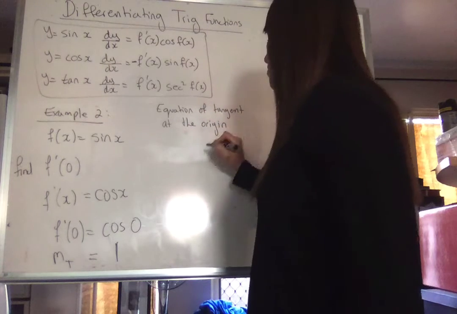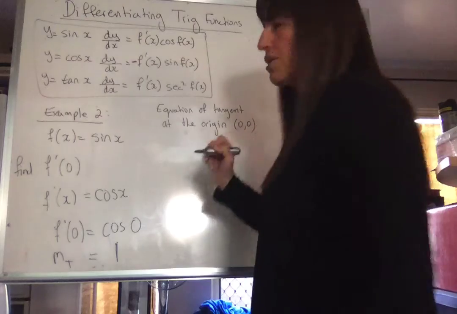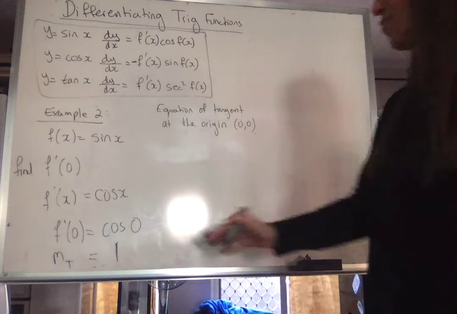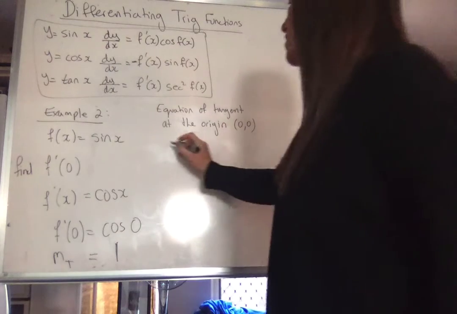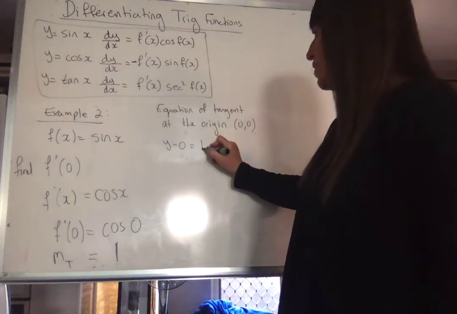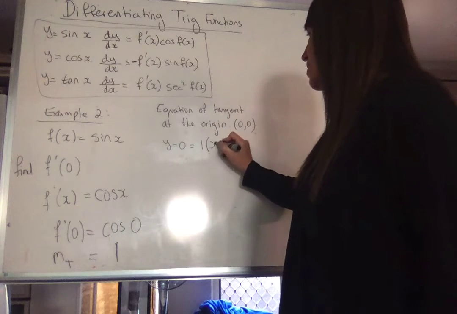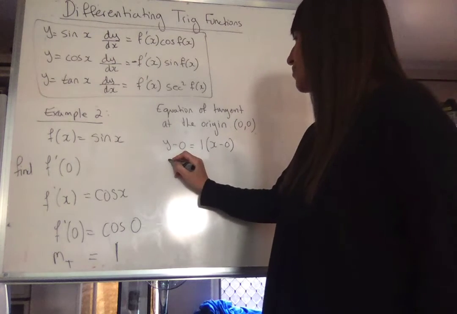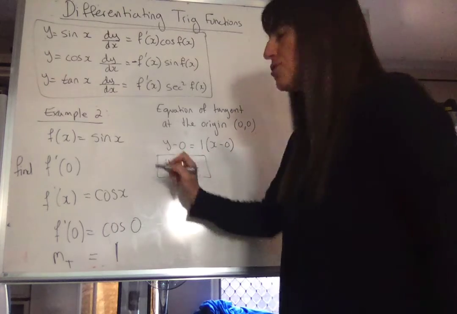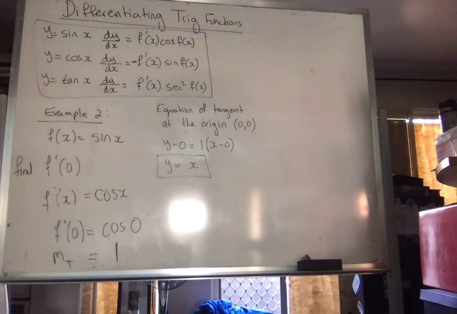Okay, here we need to use the point gradient formula, right? We know what the gradient is, we know the point, so that's y minus 0 is equal to the gradient, bracket x minus 0. Okay, that's just y equals x. And now this, you should be remembering what we looked at when we started this topic.